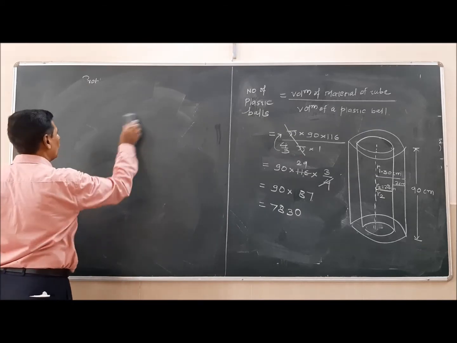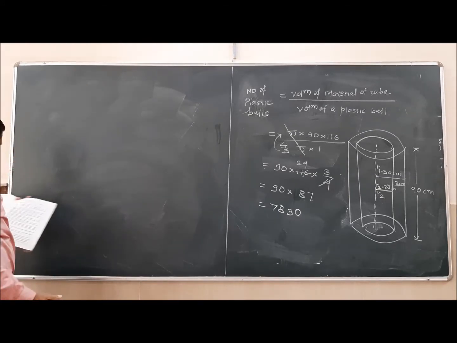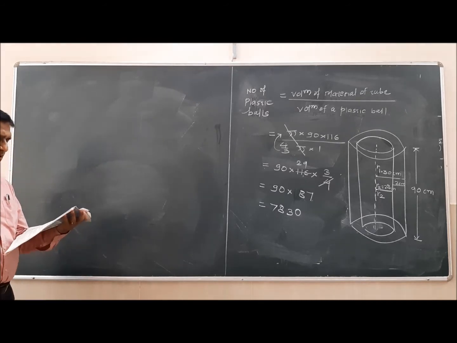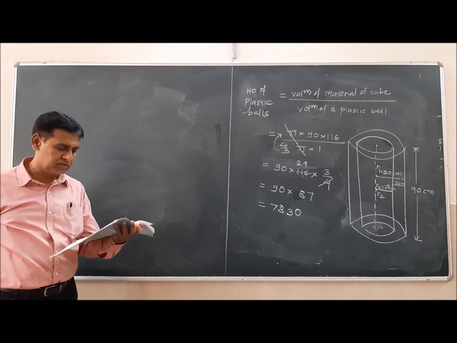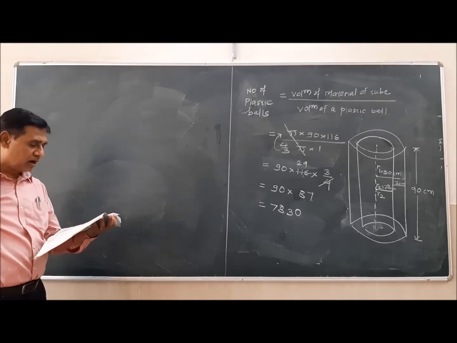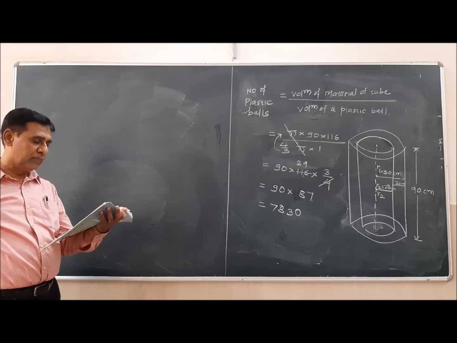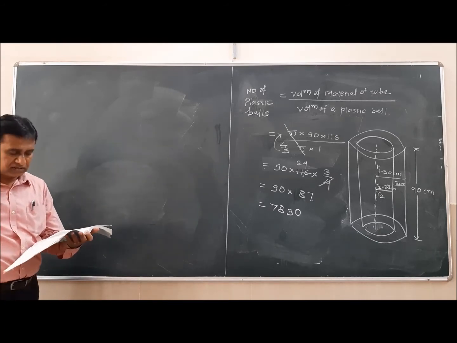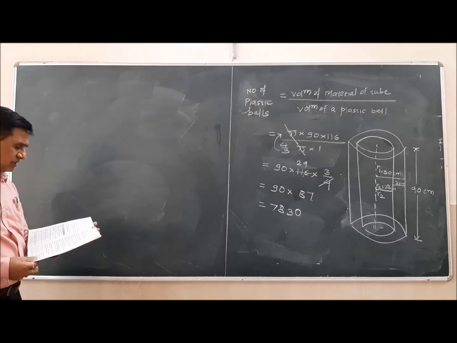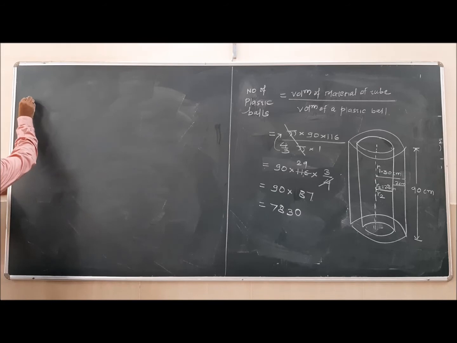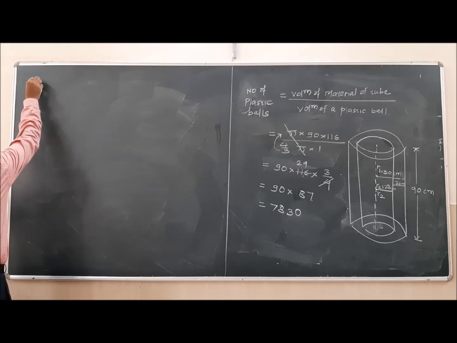The question is: a metal parallelepiped of measures 16 cm, 11 cm and 10 cm was melted to make coins. How many coins were made if the thickness was 2 mm and the diameter 2 cm respectively? So once again you will find the number of coins. This is question number 4.